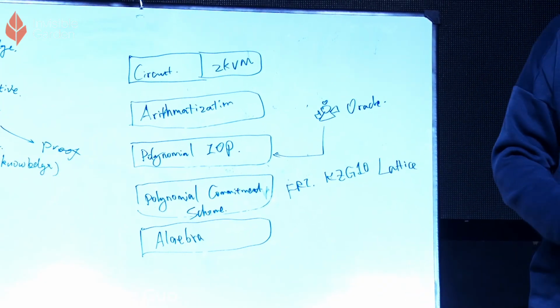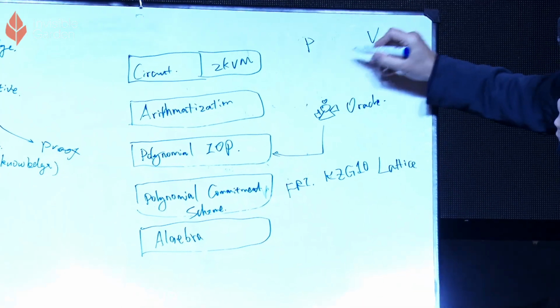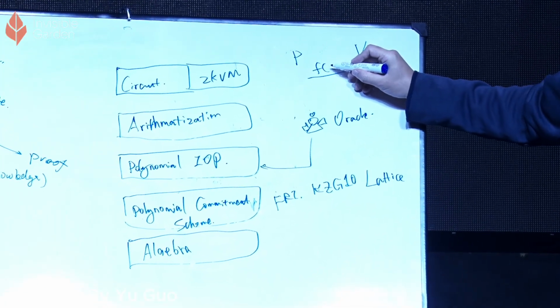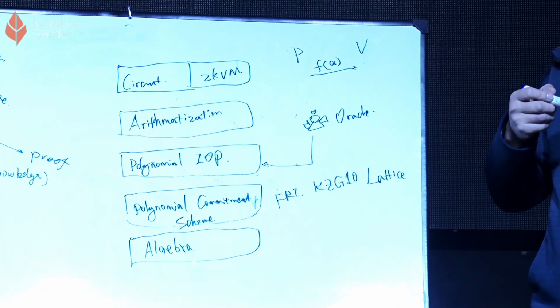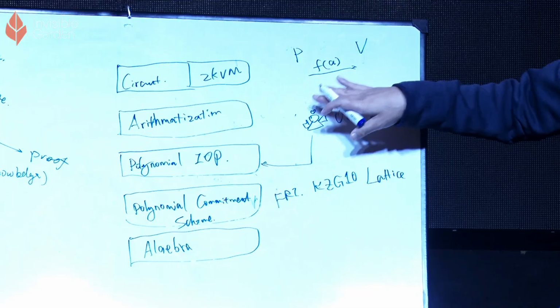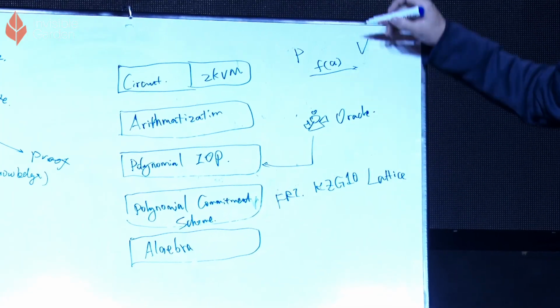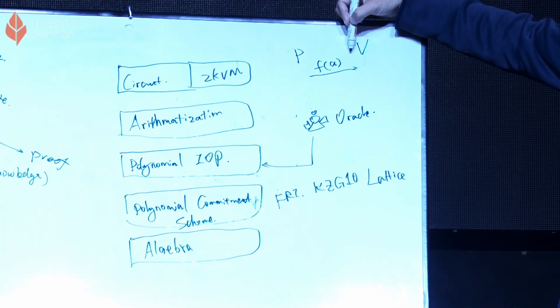For example, the prover wants to prove the evaluation of some polynomial f at some point a. At this level, the prover doesn't have to prove f(a) to the verifier.